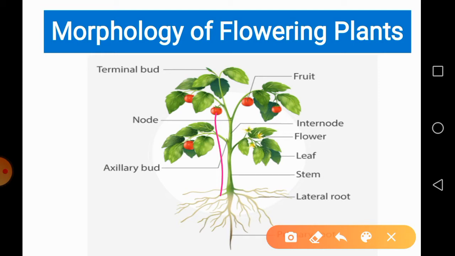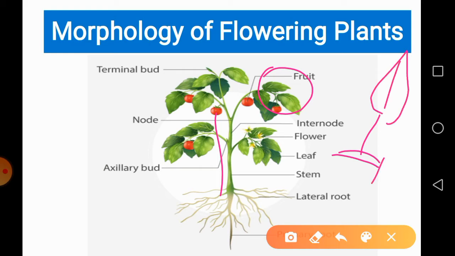The next point is leaves. Leaves are laterally borne structures, usually having a flat shape. They are the main photosynthetic part of the plant, because only leaves have the capacity to absorb sun rays and convert that light energy into chemical energy, or carbohydrate. Every leaf consists of three main parts: the leaf base, the petiole and the lamina.